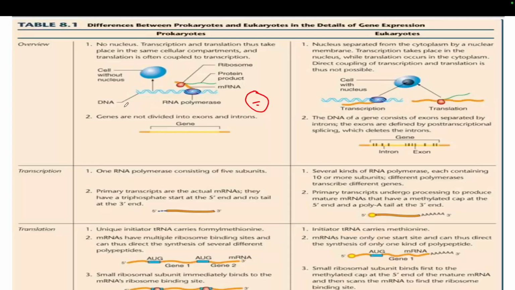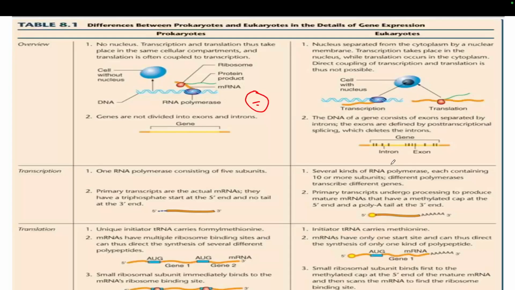And the second thing is that the gene has only the exonic part, or only the coding region, in case of prokaryote, but in case of eukaryote there is a non-essential part also, called the intronic region, which doesn't code any gene, so that has to be removed.